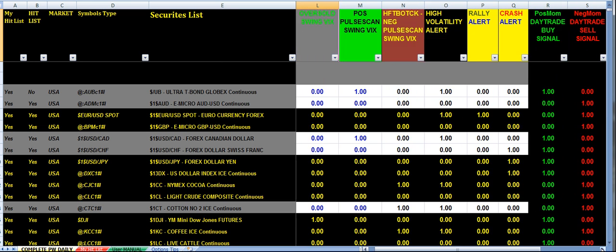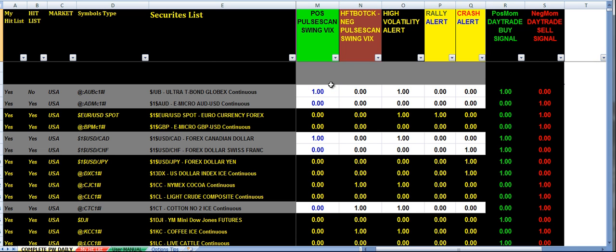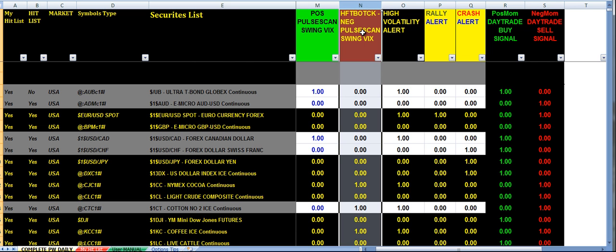That is a swing trade signal. It is a positive signal, and it means you have a buy signal at that point for that day only. Column N is your bottom checks. That's also a swing trade type of signal, letting you know when selling pressure is peaking in a market.